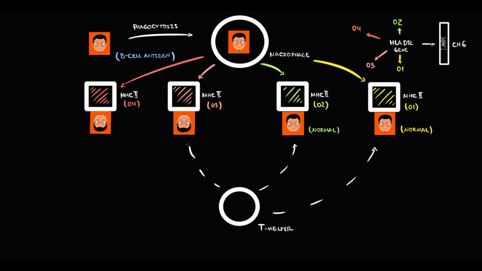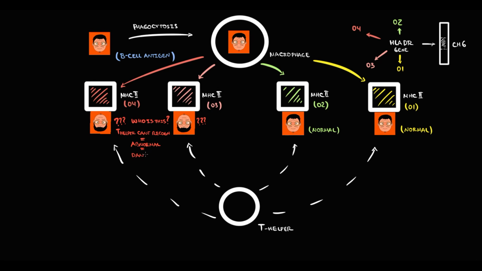And when T helpers come to the MHC2 receptor, in this case, because beta cell antigens are presented in an abnormal way, the T helper cannot recognize it. And if a T helper does not recognize a normal substance, we have a problem, because now T helpers think that this substance is abnormal.